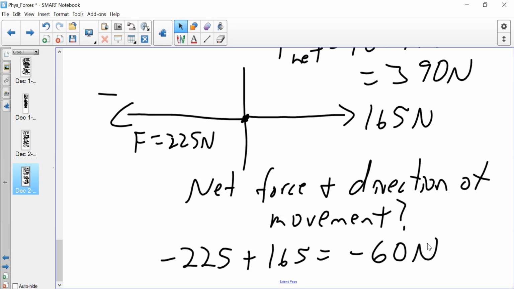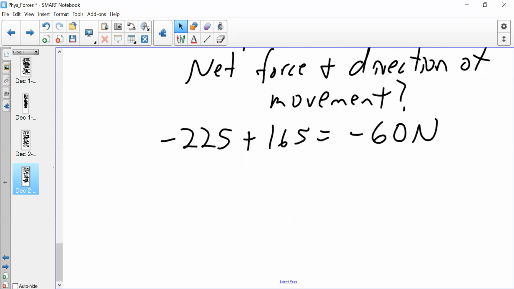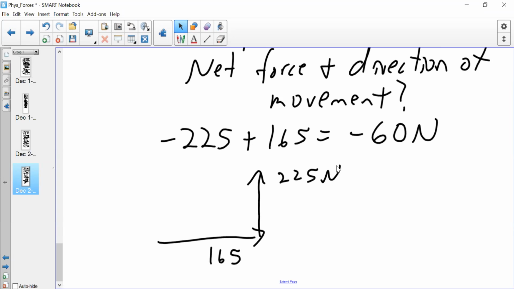And vice versa, if I had 225 on the right and 165 on the left. So here's a little challenge question as we go off for the day. Let's say I had 165 like this and 225 like that. How would I get my net force?